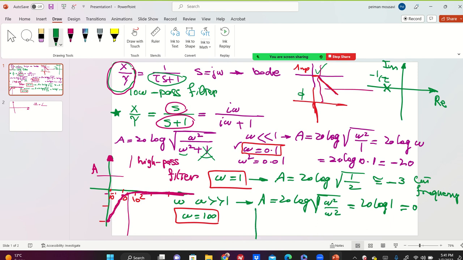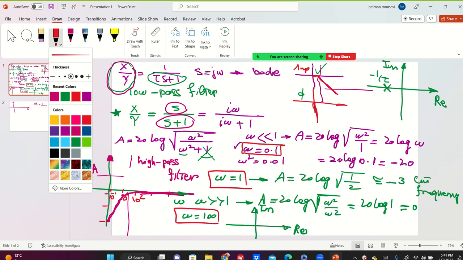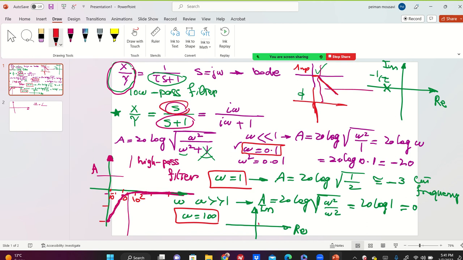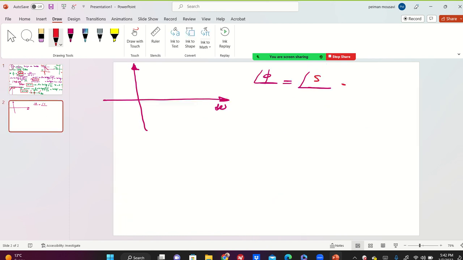But for the high pass filter, you have a zero at the origin and a pole here, say at minus 1. That's the difference between them, right? So the phase angle of this, based on whatever I taught you previously, is the phase of the numerator minus the phase of the denominator.